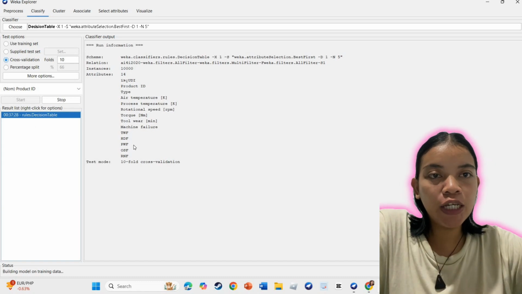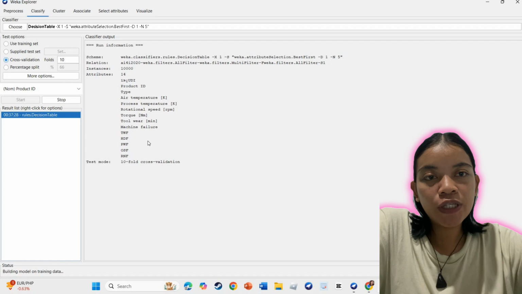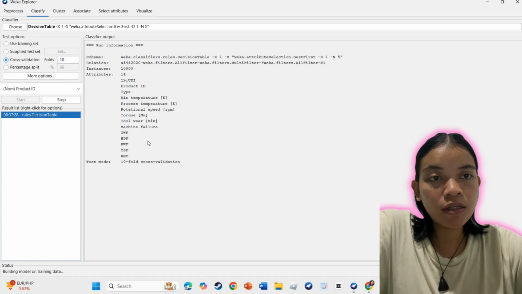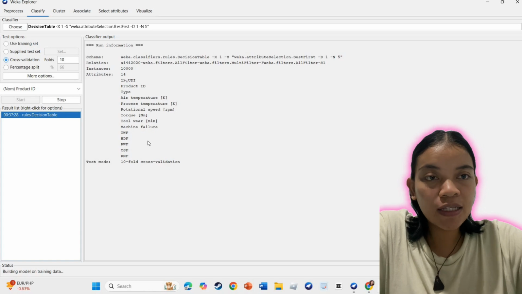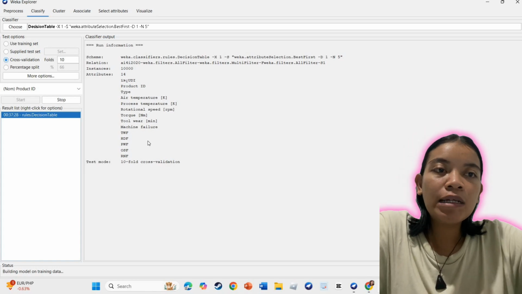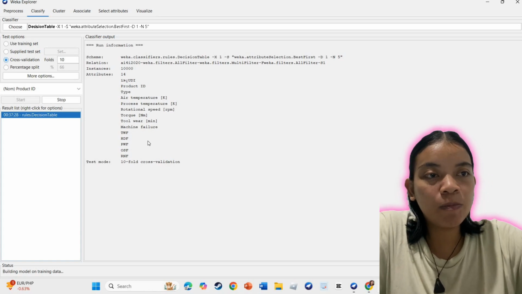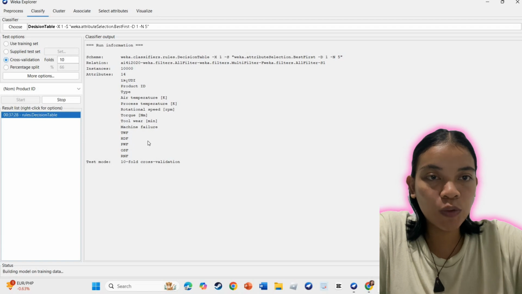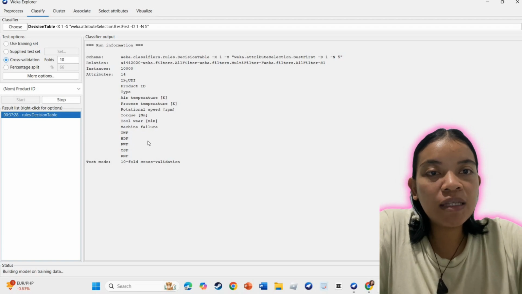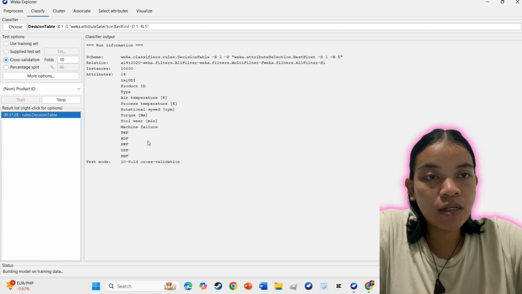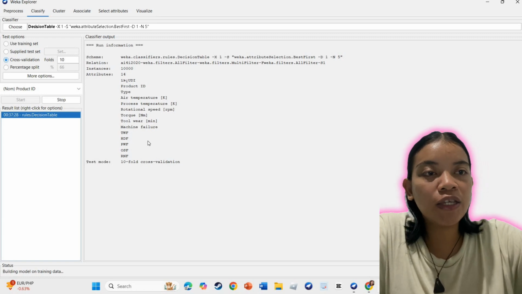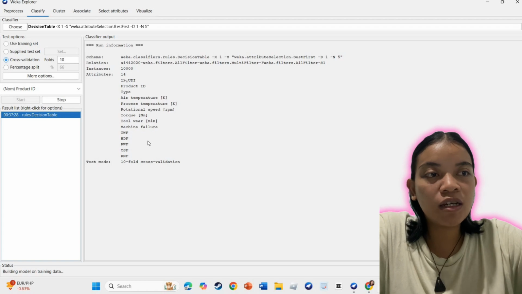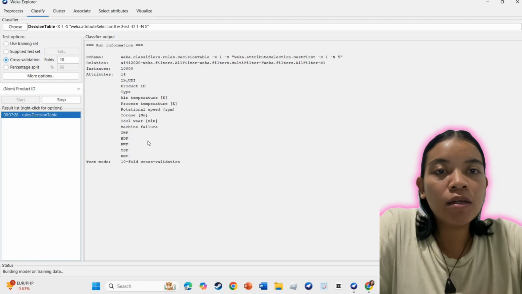For the cross-validation results, it includes the correlation coefficient, where negative 0.0097 indicates almost no linear relationship between the predicted and actual values, and the mean absolute error, which is 0.0038, showing small errors in individual predictions, but it's relative to the target value range.